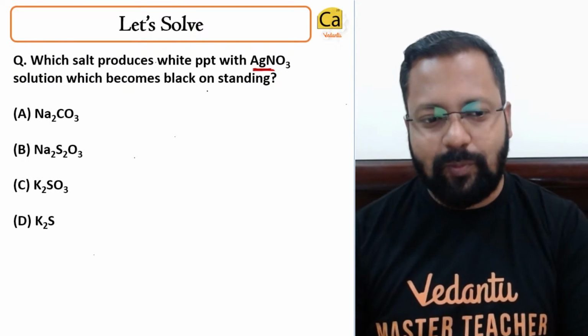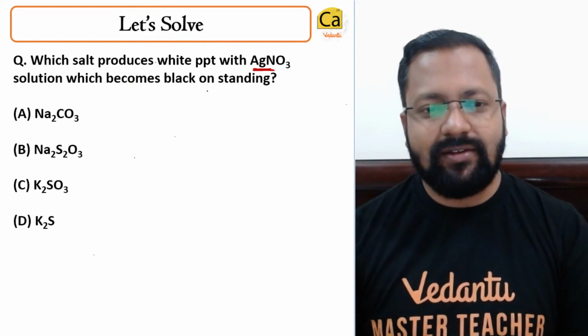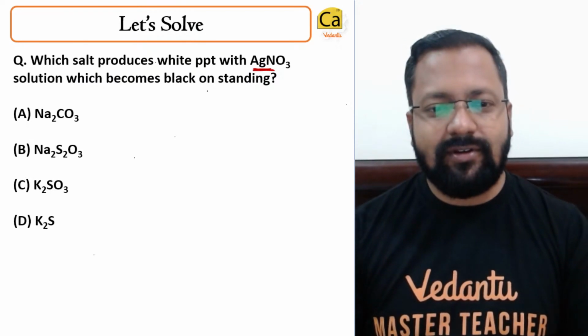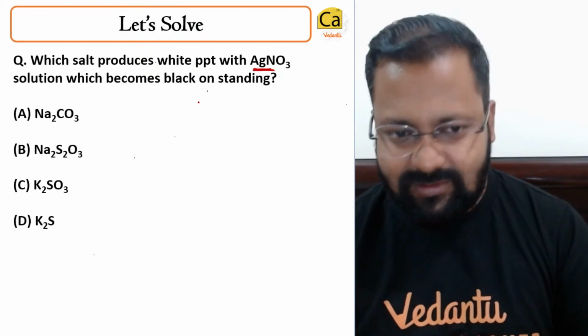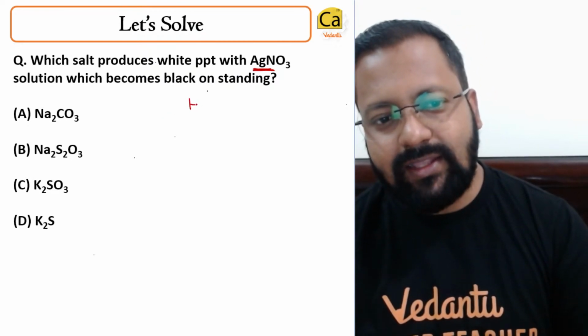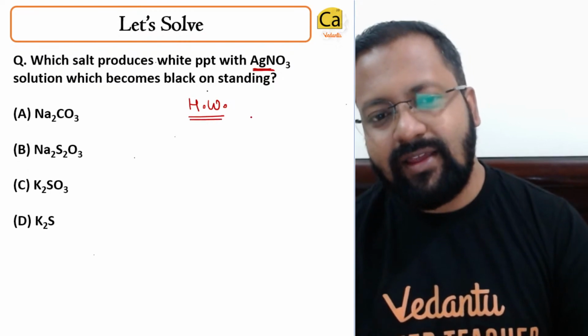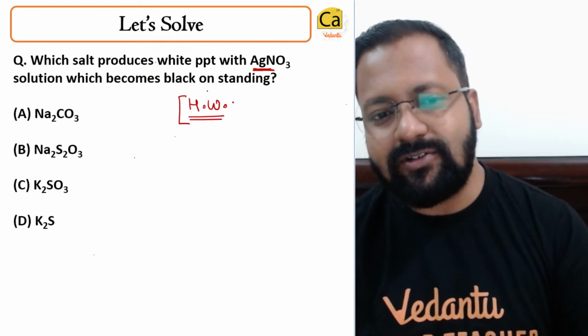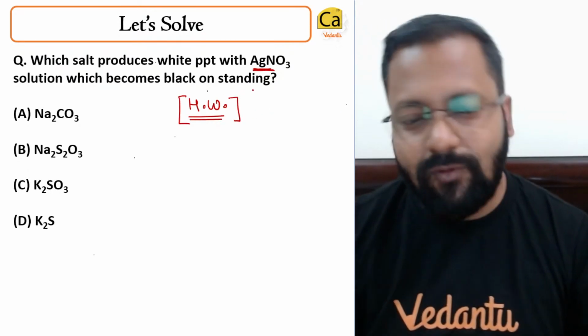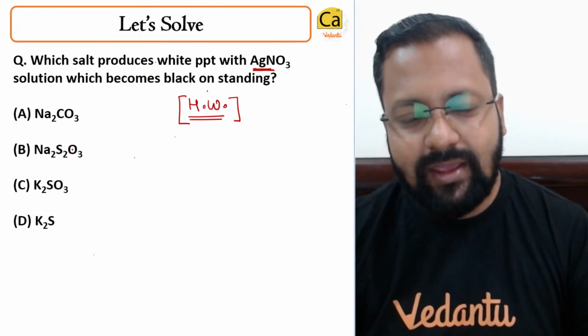sulphides are not obtained. Okay, so what I would do is, you can take this question as your homework. Please write it in the comment section what this compound would be.